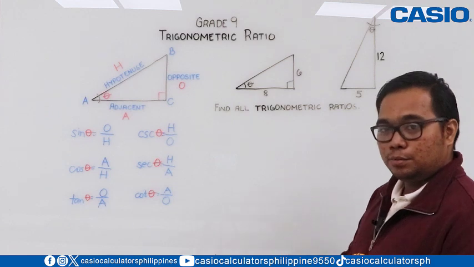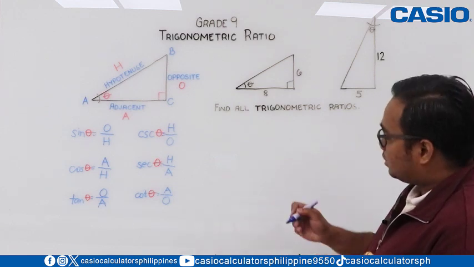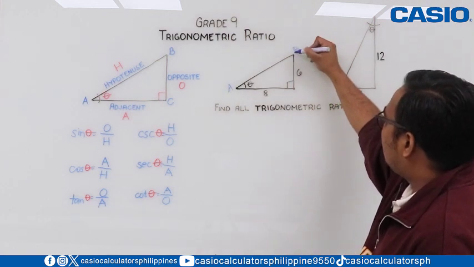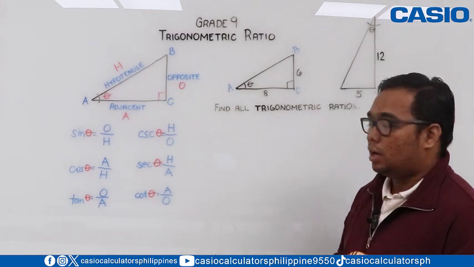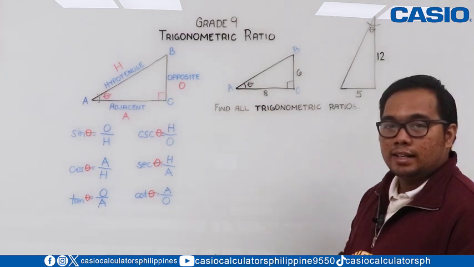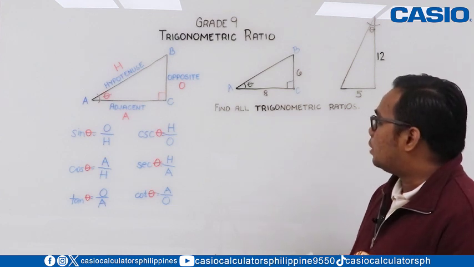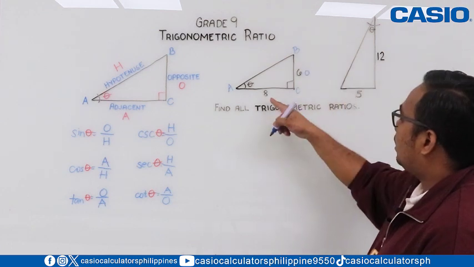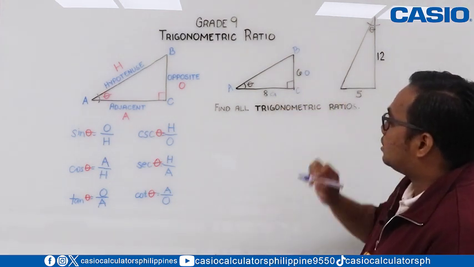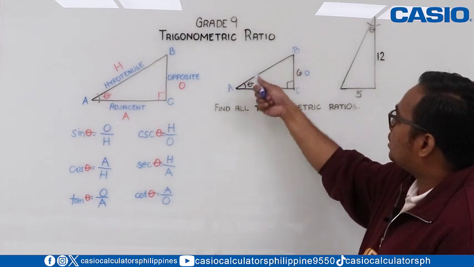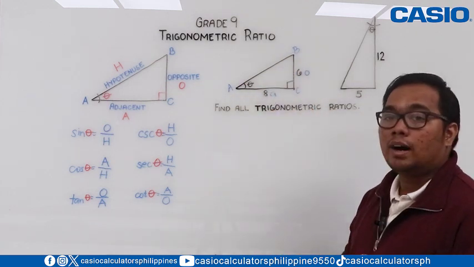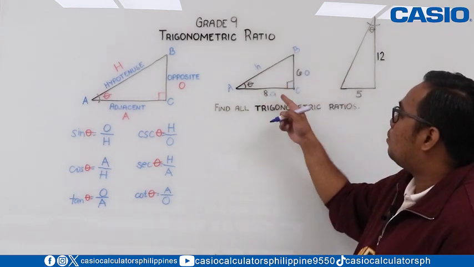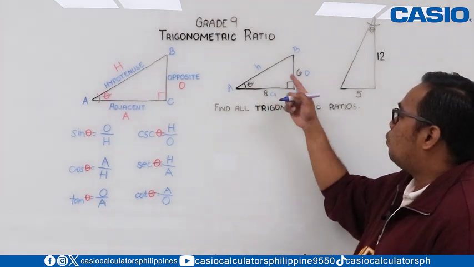So, for us to get this done easier, let's name each of our vertices A, B, and C. Our reference angle is angle A. So, therefore, 6 here is our opposite side and 8 here is our adjacent side. Now, our side AB doesn't have a value yet, but side AB is our hypotenuse. So, now we have named our sides A, O, and H.